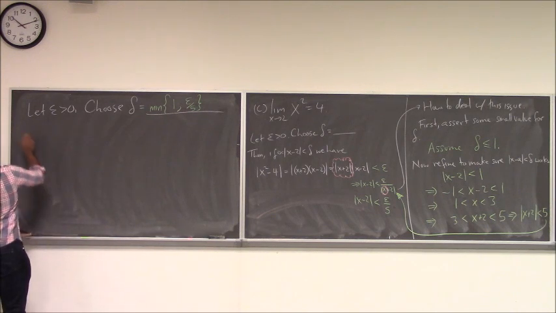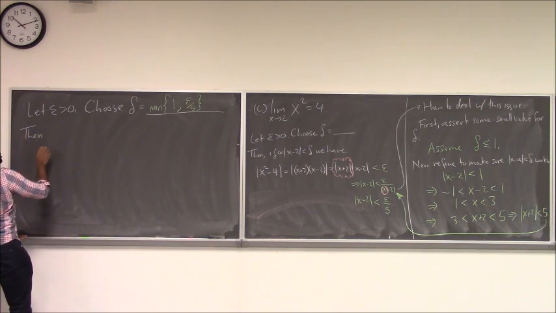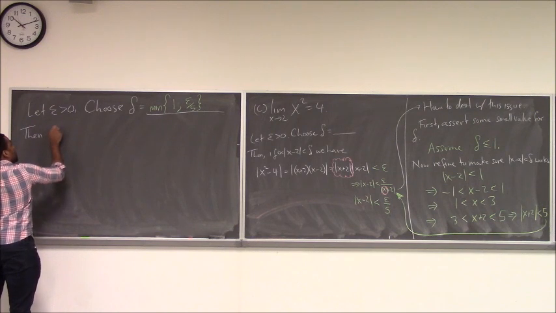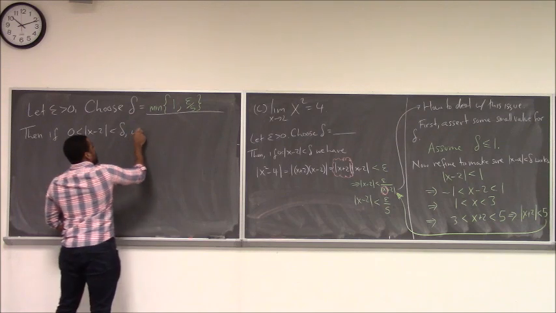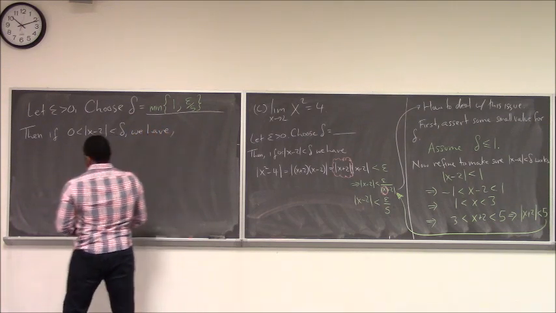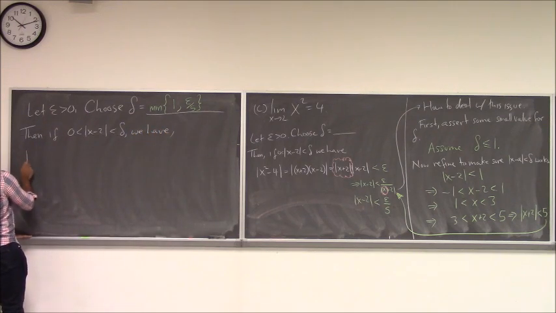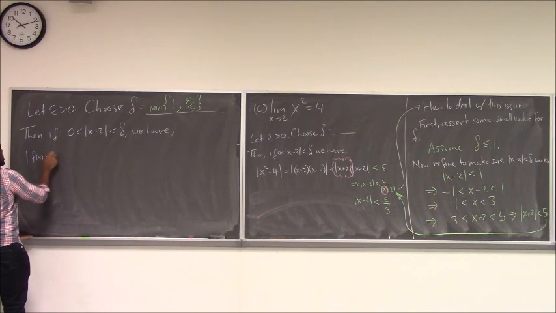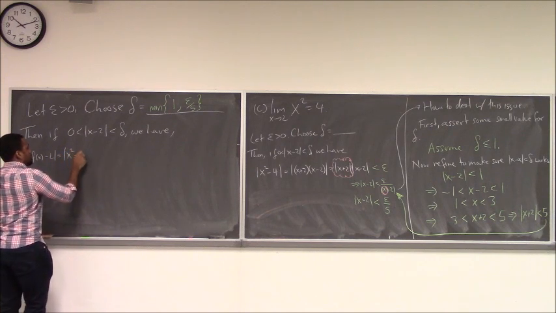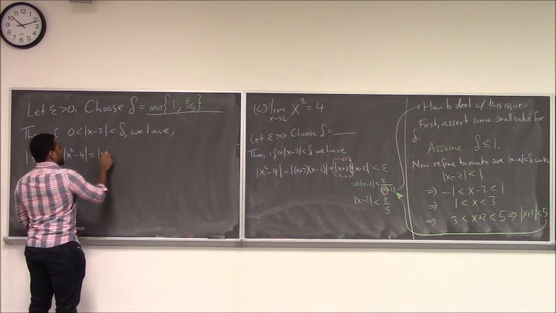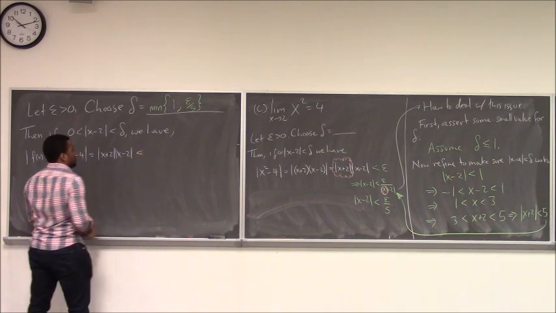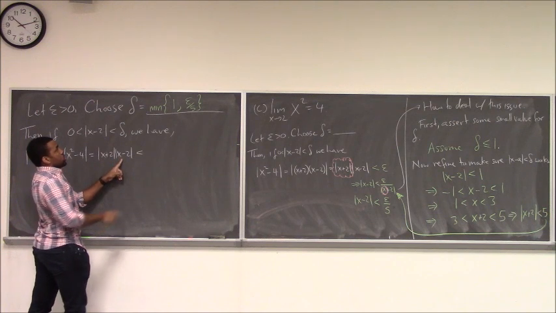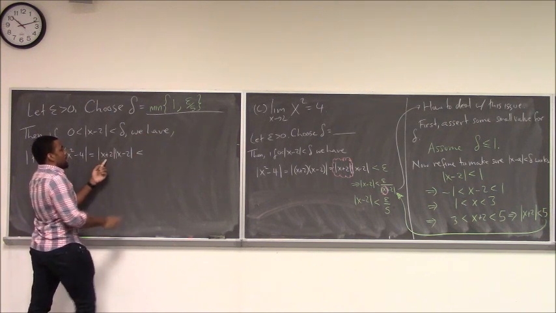And so then you'll say, if |x minus 2| is less than delta, we have, what was my f of x? |f of x minus L| equals |x squared minus 4| equals |x plus 2| times |x minus 2|. Now this is going to be less than, once I chose a maximum for delta, this guy is less than 5.